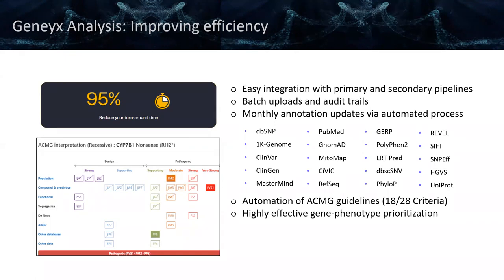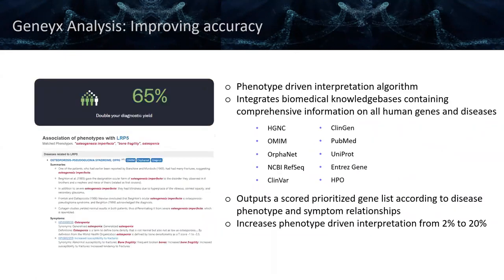And this is actually what allows us to improve the accuracy. The phenotype-driven interpretation algorithm integrates biomedical knowledge bases containing comprehensive information on all human genes and diseases. These here are just a couple of the annotation sources that are implemented into this algorithm.